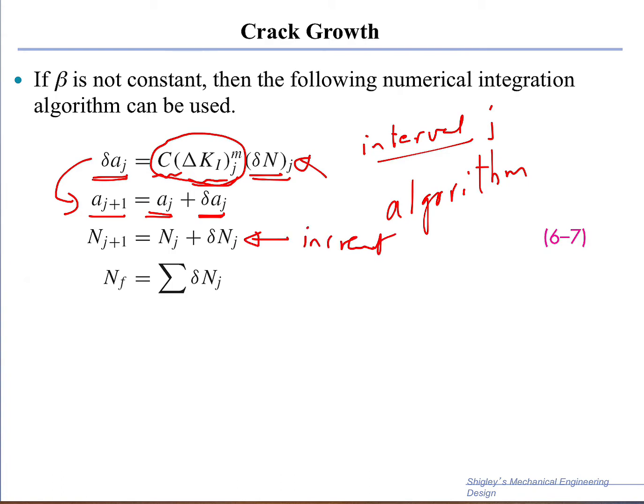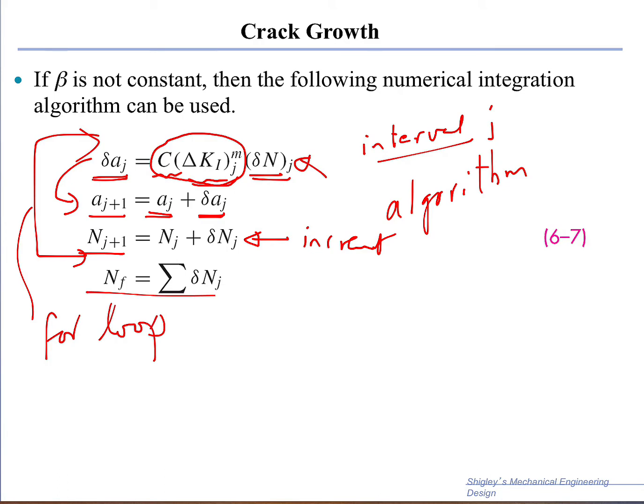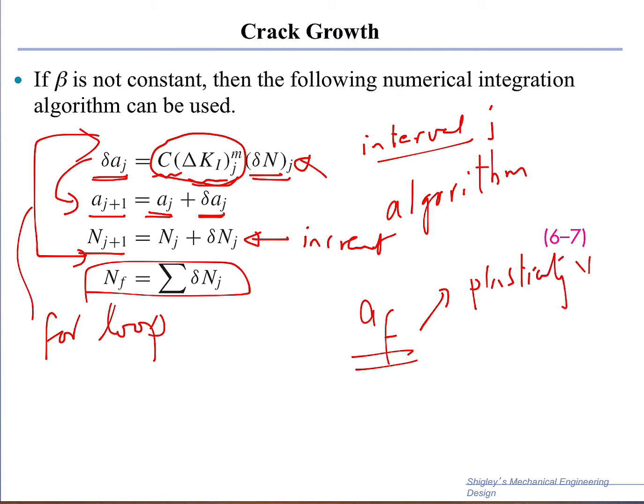So we have now a new number of cycles. And then you keep looping. So we have to have a for loop until we reach the final limit that is based on a final crack size, and we can obtain that from plasticity, meaning yield, or from the K1C, which is the fracture toughness.